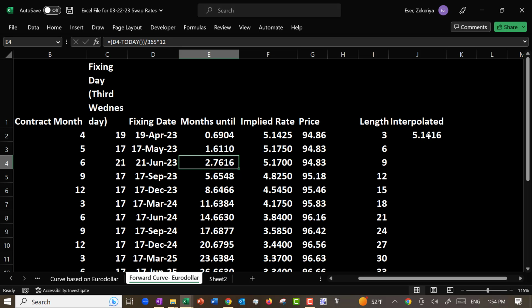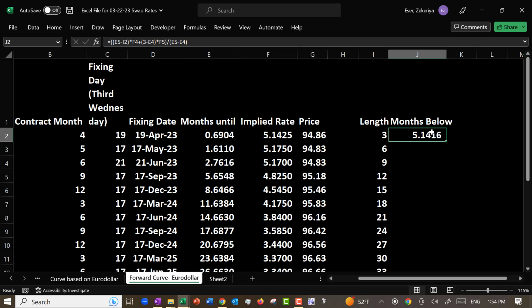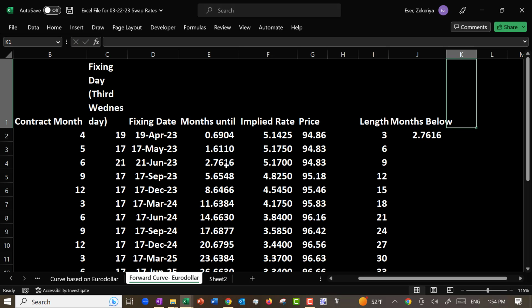Or let's actually do this just to make it months below. Let's call this M's.